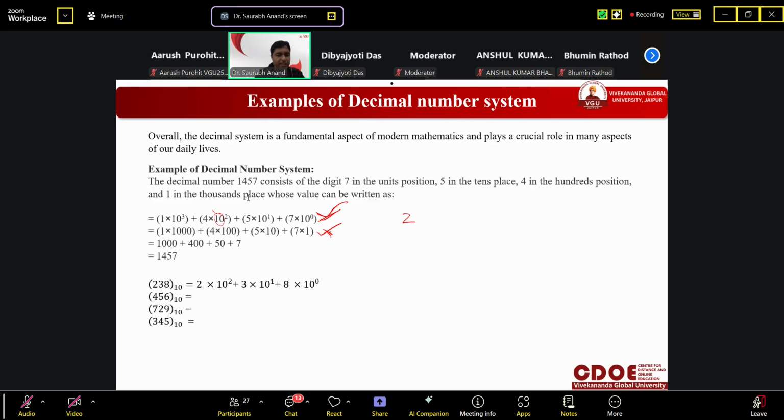The topic is binary, so in place of 10, we will write 2.